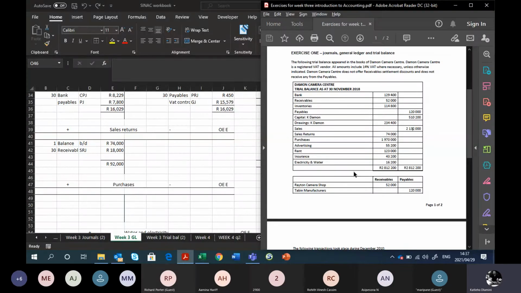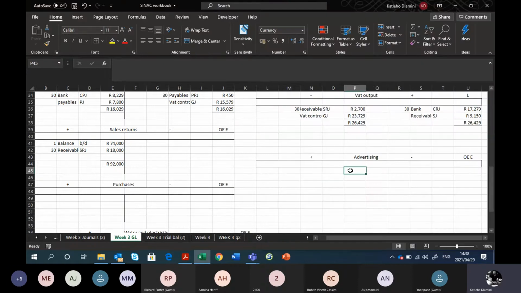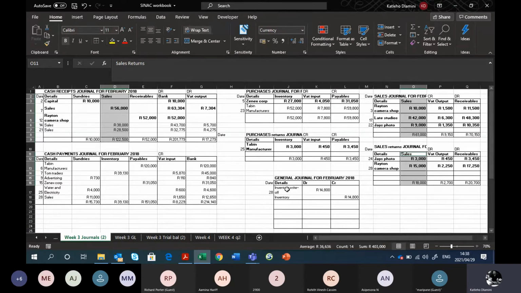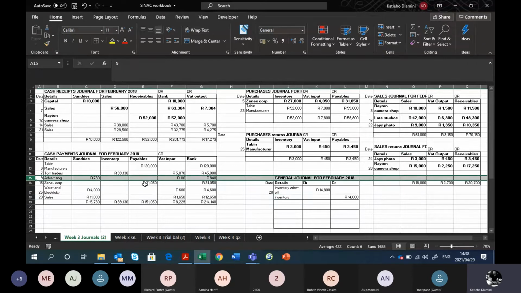Yeah, okay. So now advertising has a balance of 55,200 brought down. Balance the first. Okay. Let's see. So no advertising there, but we do have advertising over there on the 9th.